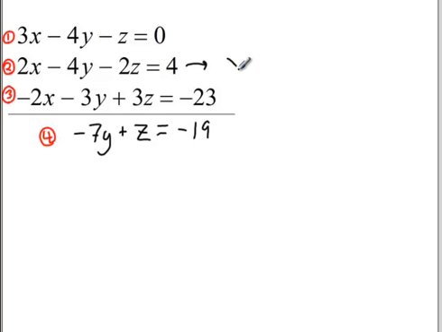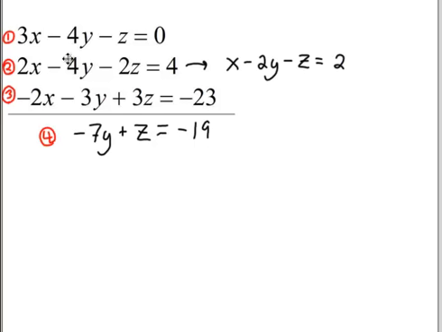So if I do that, well, 2x divided by 2 is just x. Negative 4y divided by 2 is negative 2y. And then negative 2z divided by 2 is negative z. And 4 divided by 2 is 2.